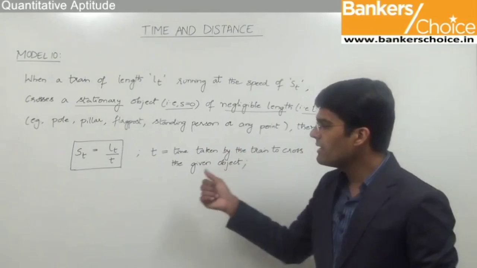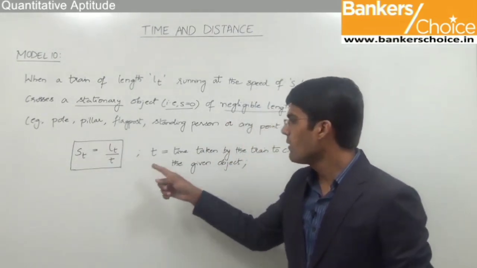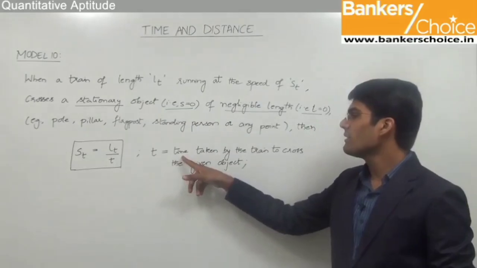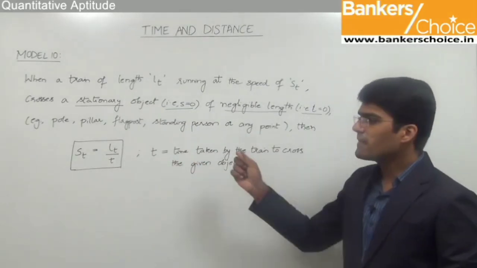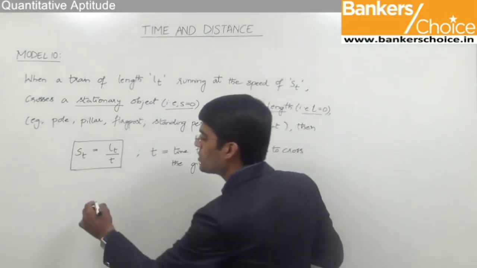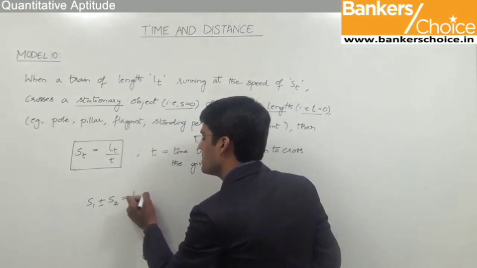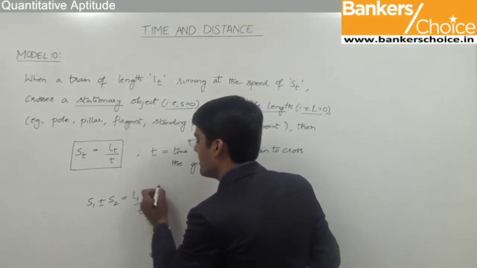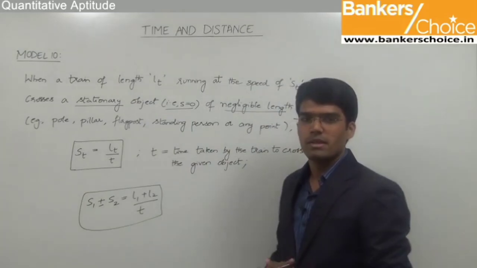Then the equation will be speed of the train equals length of the train divided by time, where this time t is nothing but the time taken by the train to cross the given object. Again, if we try to compare this equation with the basic one, that is when two trains are running in opposite or same direction, S1 plus S2 equals L1 plus L2 by T, we find that it is only a special case of this given equation.